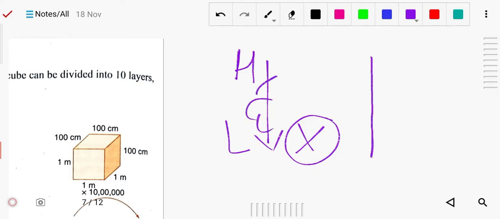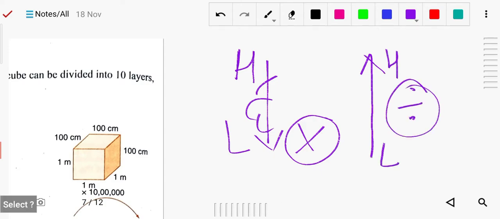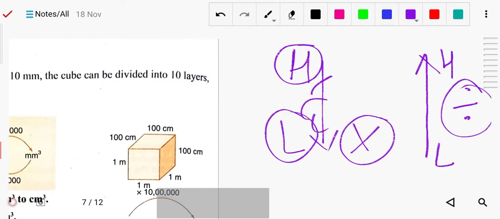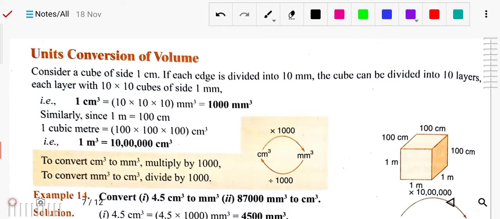If we are converting from the lowest to the highest unit, we divide. So 1 centimeter equals how many millimeters? That is 10, so centimeter to millimeter, we multiply by 10. Suppose you are going from meter to kilometer, you have to divide, since you are going from lowest to highest. You already know about this process.